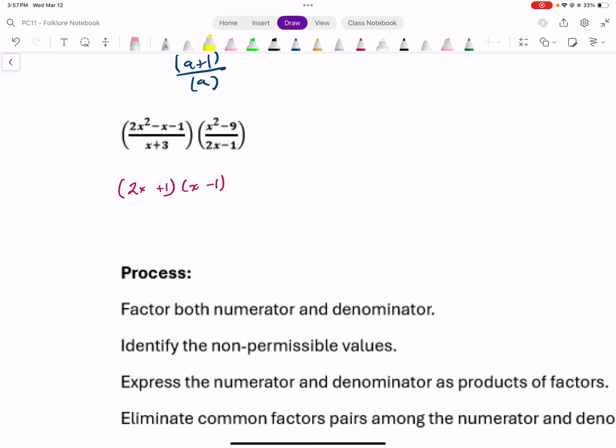First, I'm going to factor the numerator, and the numerator factors to 2x plus 1 times x minus 1, and I have the factor of x plus 3 in the denominator.